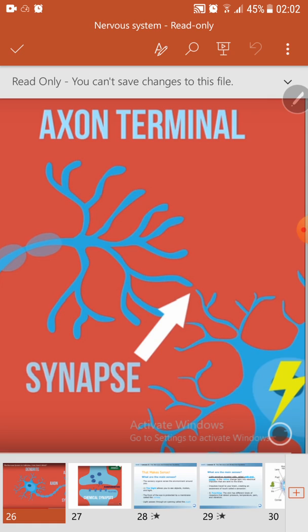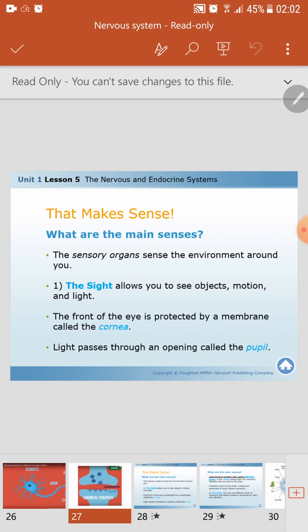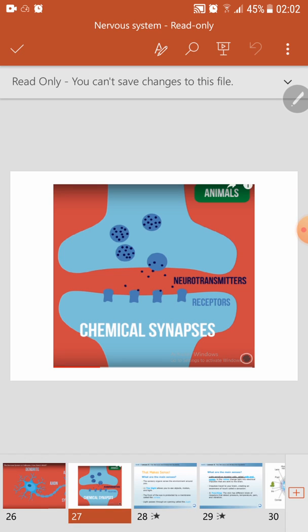Actually, in this gap, look here. This is the gap. This is an axon terminal, for example, and here is the dendrite of the other neuron. At the end of the axon terminal, there are specific chemical substances.